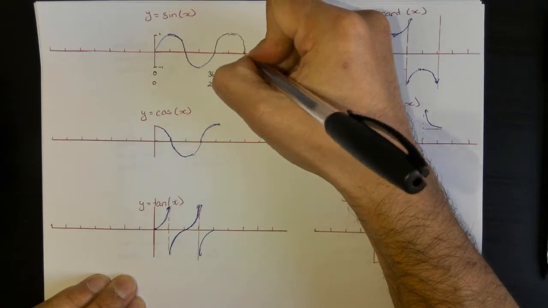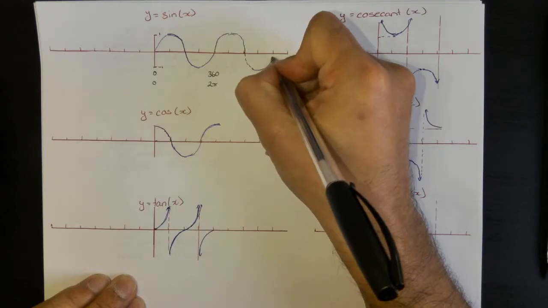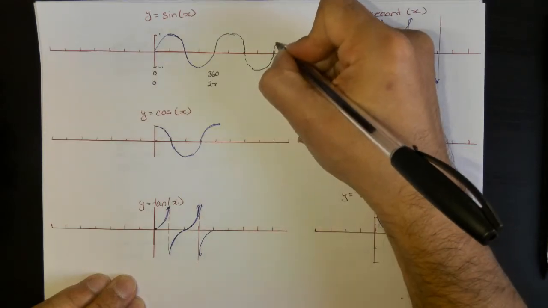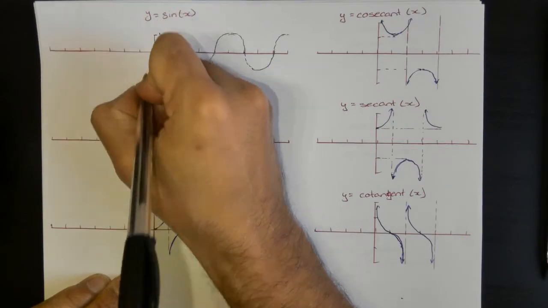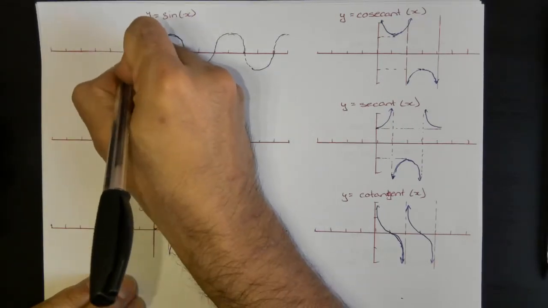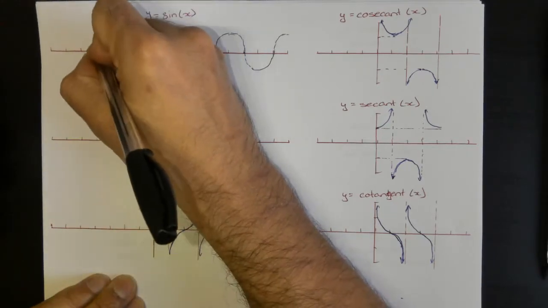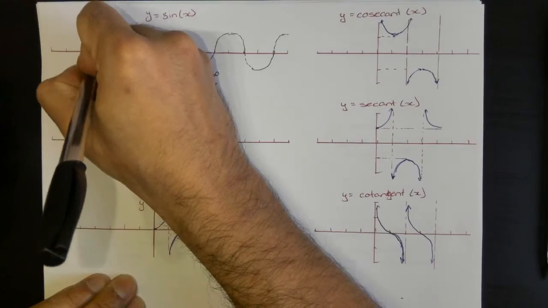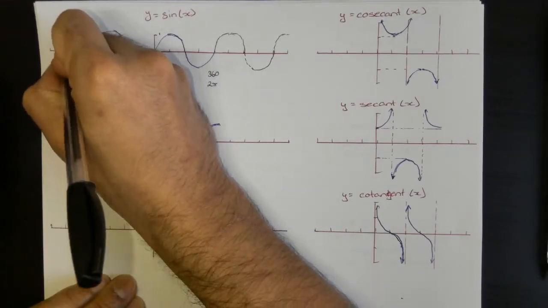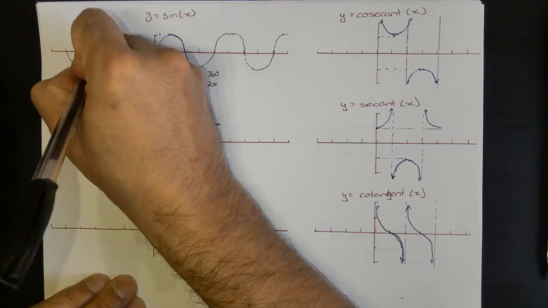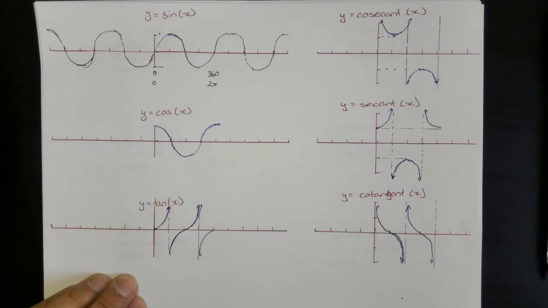It will continue on both sides of the y-axis. So the function keeps continuing, and it has a period of 2 pi, which means that every 2 pi, the cycle continues. It's a quick sketch of it.